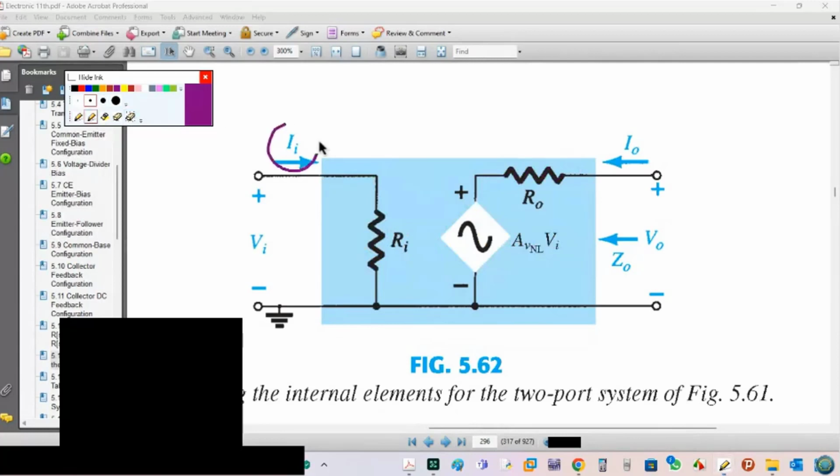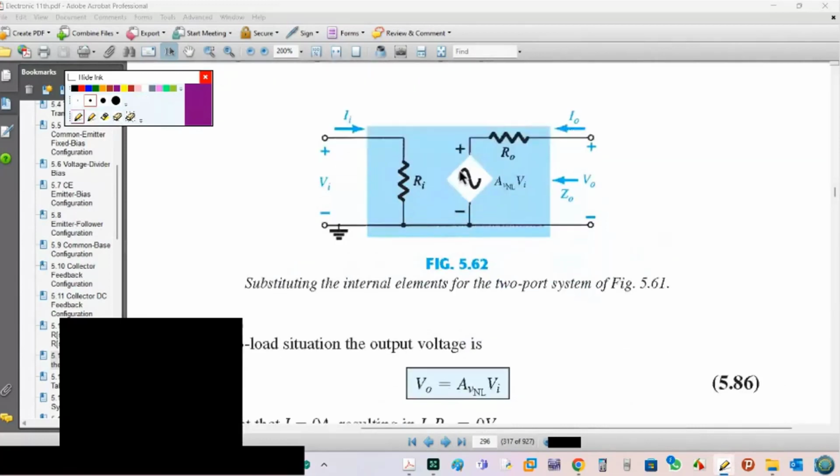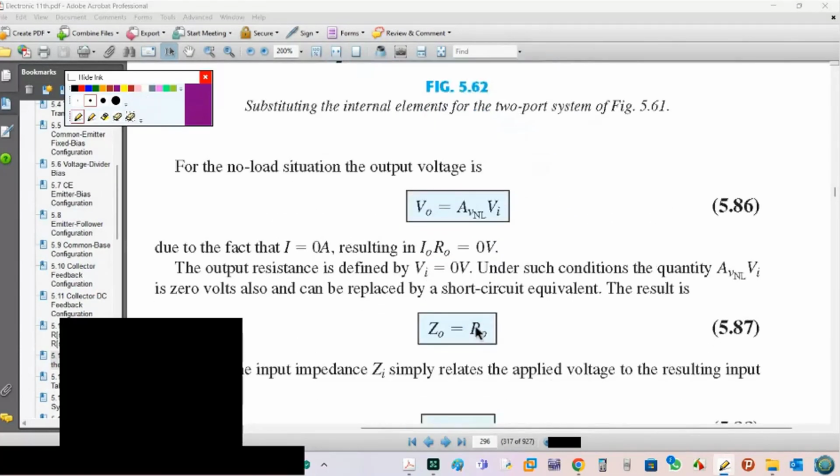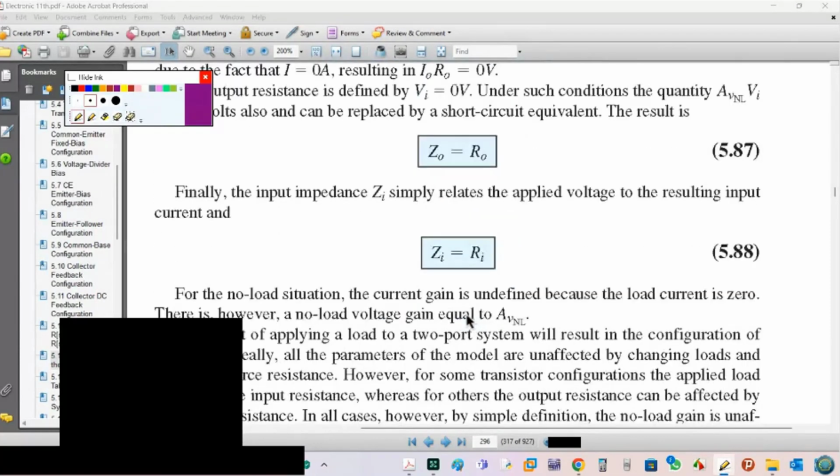Okay, and see the others here. For example, you can see AI, IO, VI, VO, ZI, and this is ZO. Now, VO for this system is AV no load multiply VI, and ZO is RO, ZI is RI.